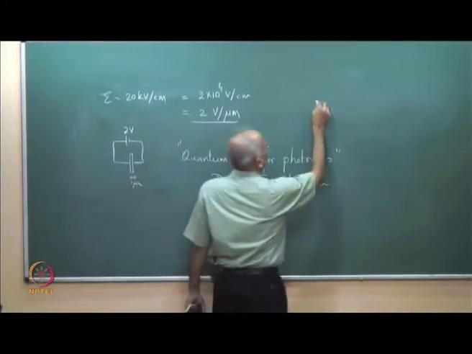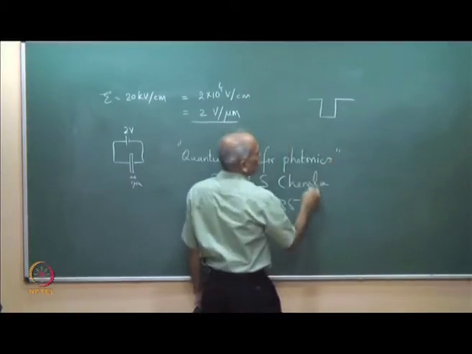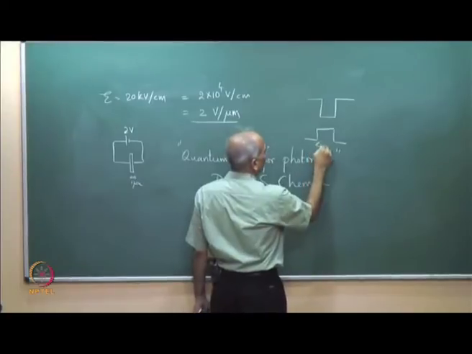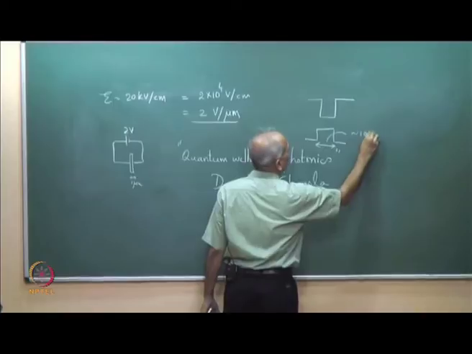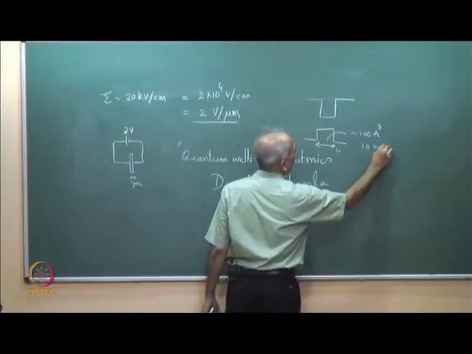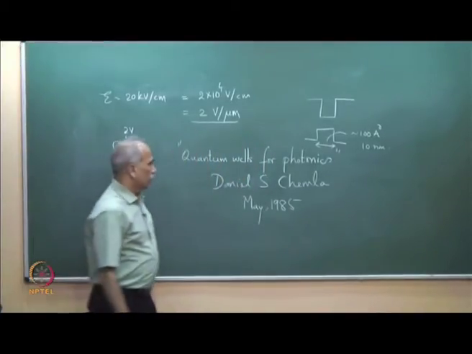Now, if you take one quantum well, please see the logic here, the width of the quantum well is typically of the order of 100 angstroms, which means 10 nanometer.